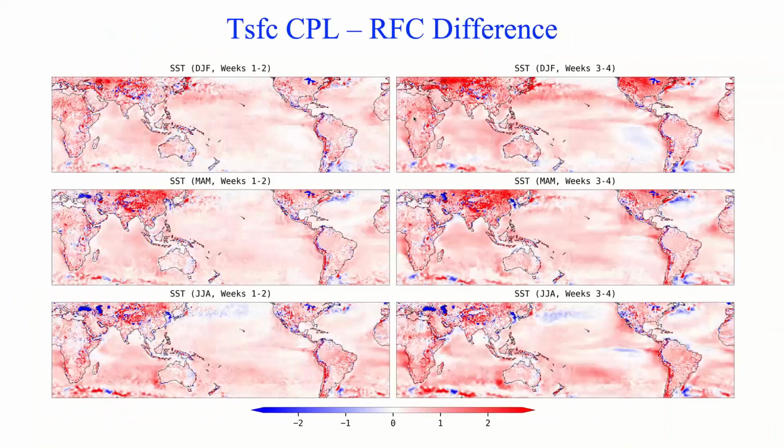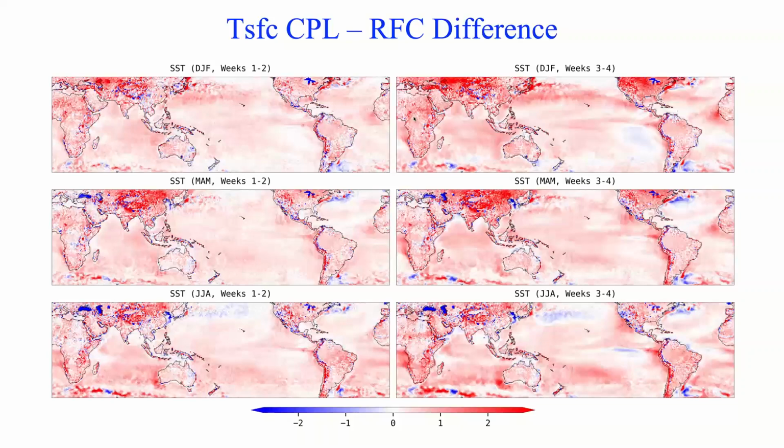We're starting from the SST. This is the SST difference, or surface temperature difference: over ocean it is SST, over land it is surface skin temperature. These are the different seasons. The top panel is winter, then spring, summer. You can see the week 1 and 2 average on the left, and the week 3 and 4 average on the right.